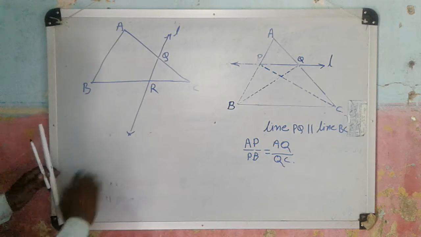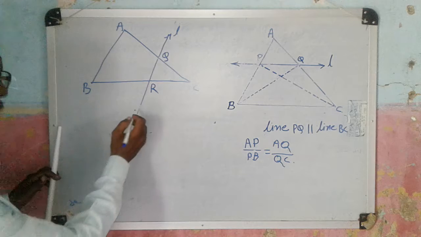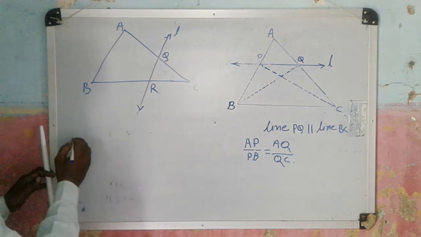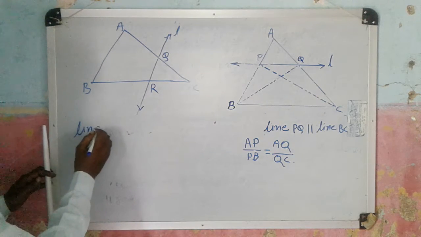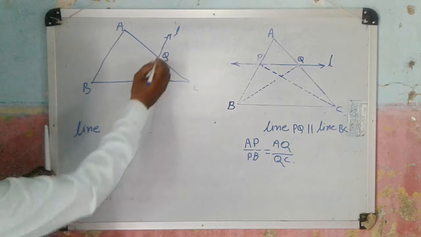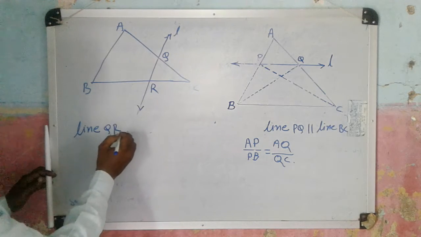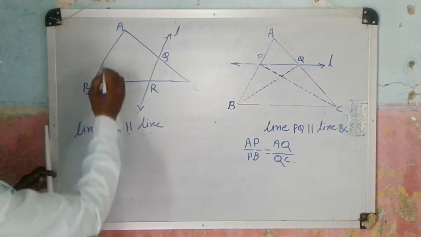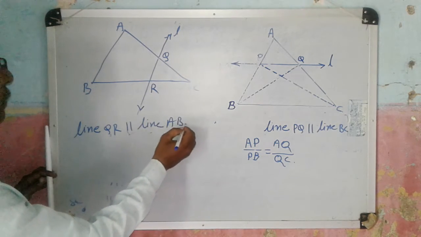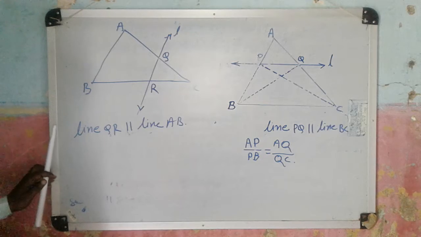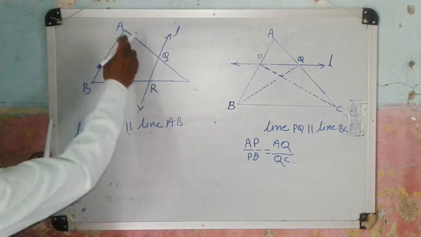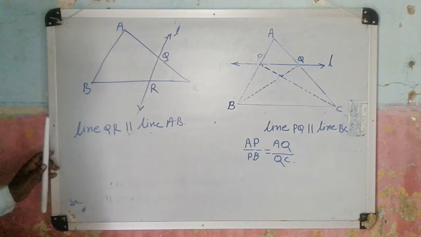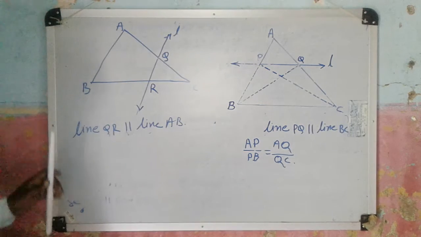Now here, in this situation, line QR is parallel to line AB. So here, these two sides are divided in proportion.